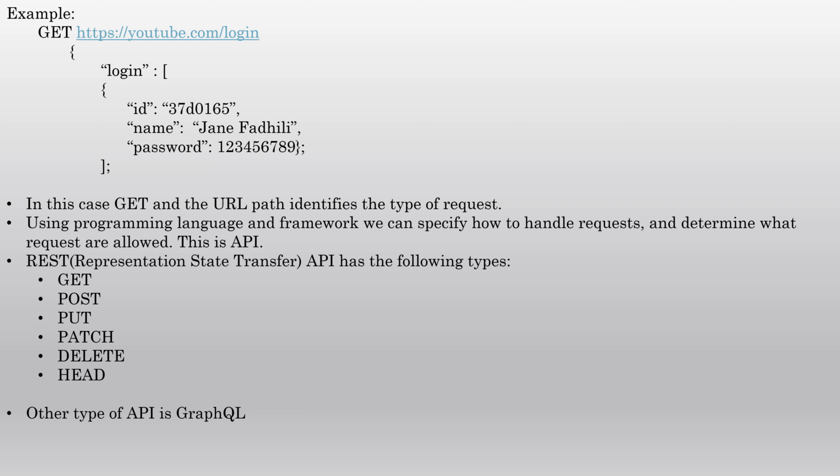And then there is PATCH, which replaces it but adds some properties to the resource. And then we have DELETE, obviously to remove something from the database, and HEAD. So all this is called the CRUD methods: create, read, update, and delete.